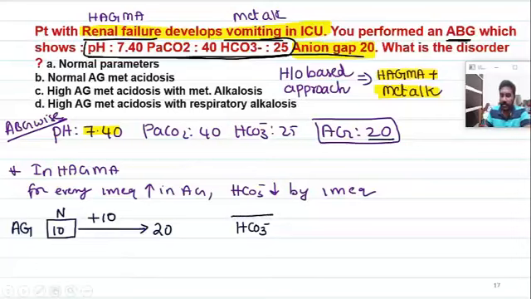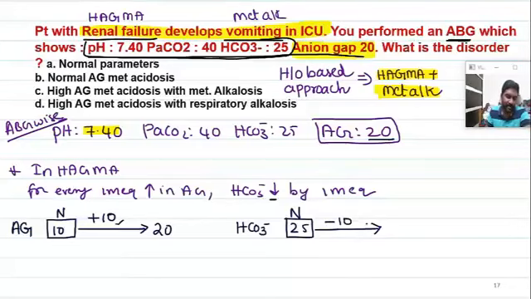So trend in bicarbonate. If you take normal value as 25, what should happen to bicarbonate? It should have decreased by the same amount. So bicarbonate should have decreased by 10 and it should have stayed at 15.